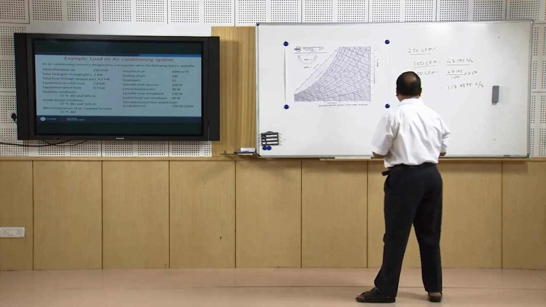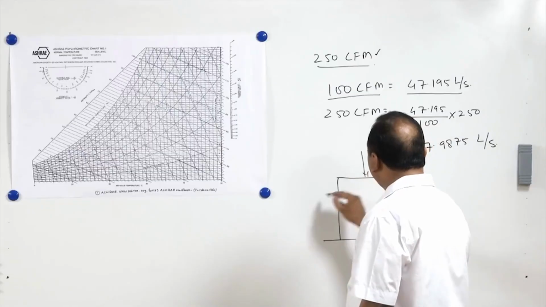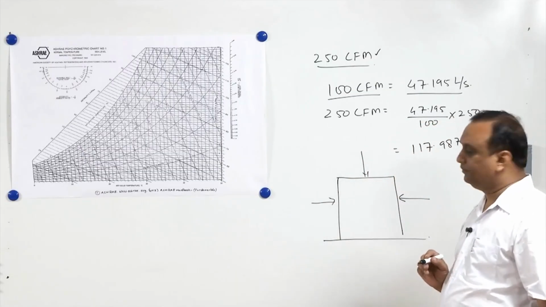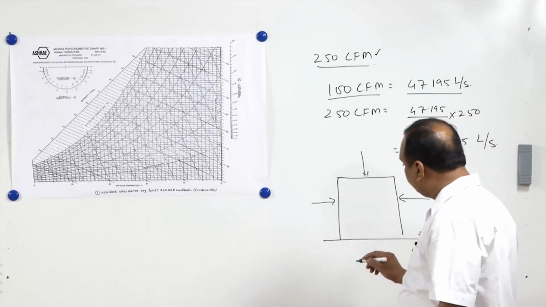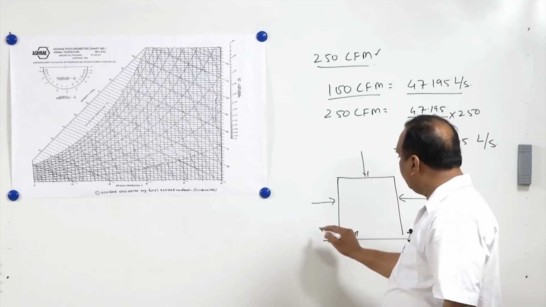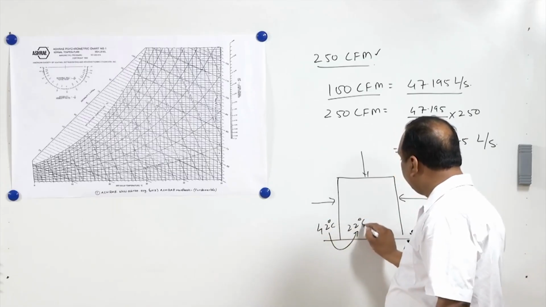Now in a building, when the solar radiation falls on the building, it falls from all sides. There are direct radiations and diffuse radiations, and heat transfer also takes place through the floor, because outside temperature, let us say, is 42 degrees centigrade and inside temperature is 22 degrees centigrade.